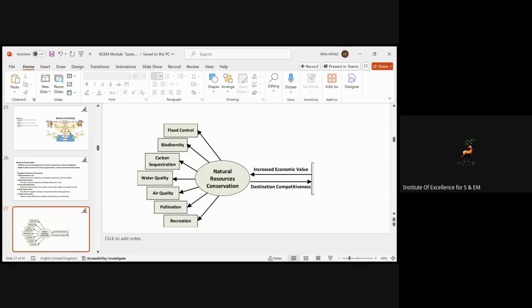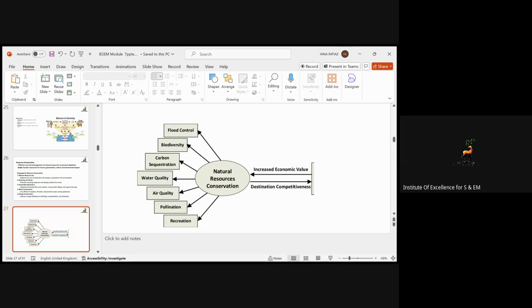For instance, take flood control as natural resource conservation. If we are conserving trees, their anchoring power and penetration power is very high, so the flood is automatically controlled, and we are protecting the flora and fauna. So we are protecting natural resources by conserving biodiversity, and we are conserving the environment by reducing carbon footprints through carbon sequestration, which means capturing carbon in the soil.